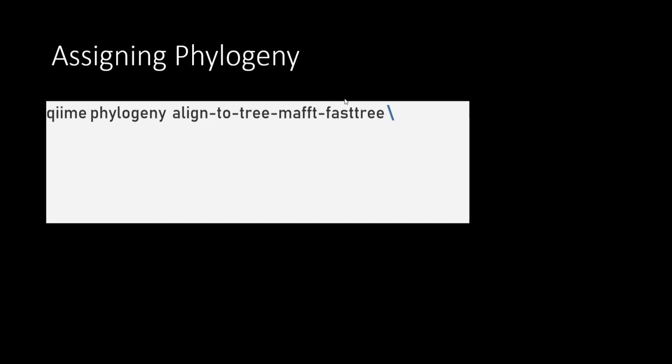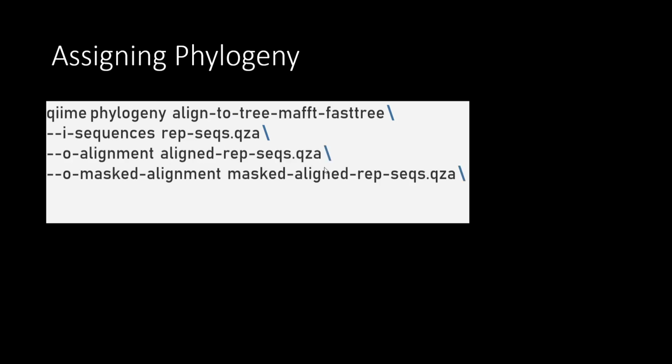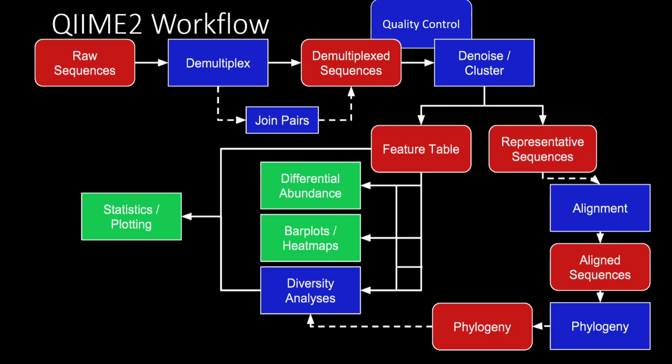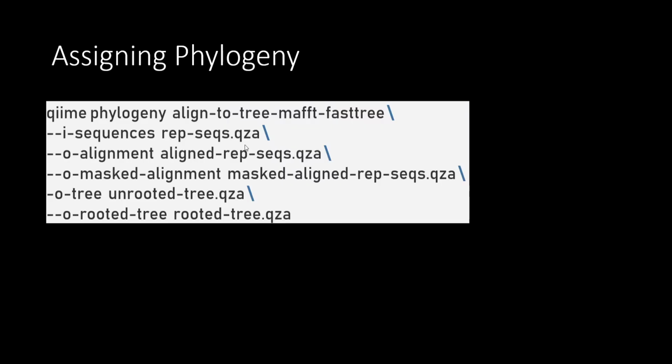So it's using different programs in here, one of them being FastTree. You input the sequences, output the alignments, output the masked alignments, output an unrooted tree and a rooted tree. As you can see, these are all QZA files, which means that they're going to be used by different programs later to generate some visual outputs. There's not going to be any visual output from this code.